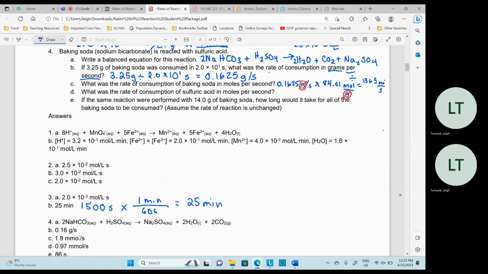I think this is wrong. Because we have moles per second. We did the right thing. Okay. I don't understand. So it's 13.65 moles per second. Let's see if I can make that smaller.